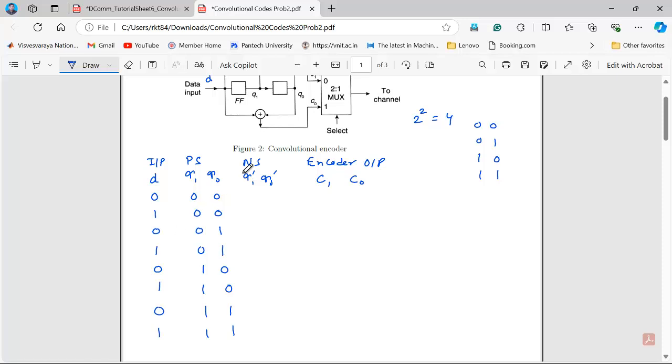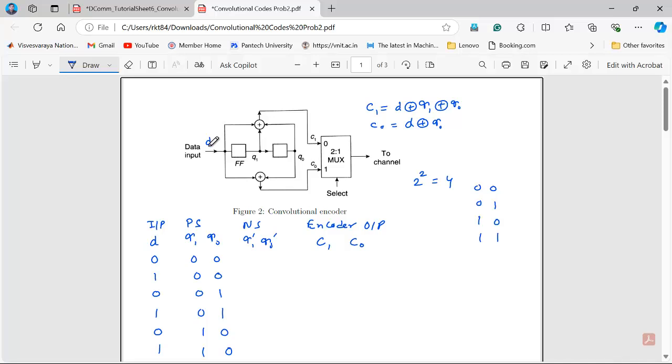Now we have to decide the next state. Here the next state is very easy. Suppose I'm providing some data, suppose I provide 0. Initially the state is 0 0. When you feed this data, this 0 will be stored in this flip-flop, and this 0 will be stored here.